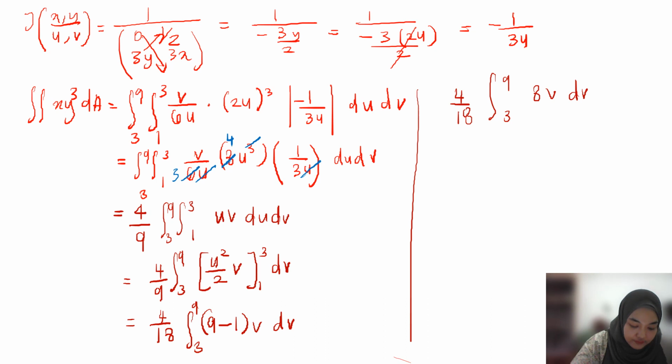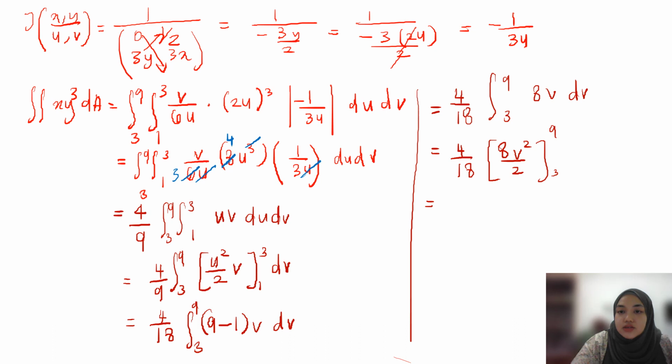Okay, 8v with respect to v, and then this one you will get 4 over 18 times 8v squared over 2, 3 9. Okay, and then you have to simplify by substituting this one. So this one we can simplify 1 4, so you get 16 over 18. Alright, so this one v squared is 9 squared minus 3 squared.